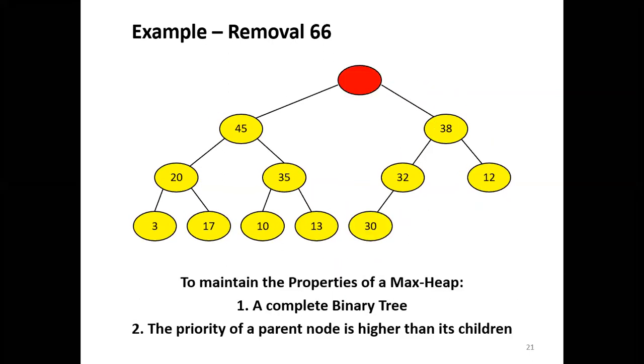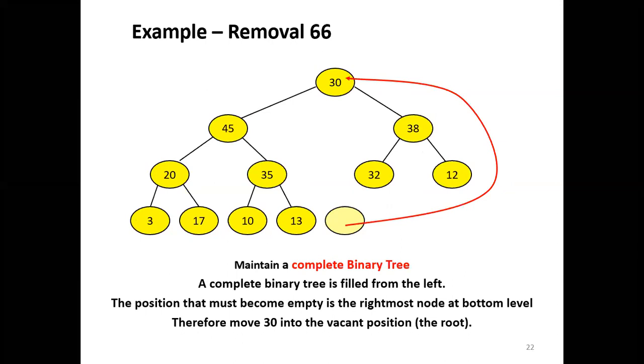The first thing we will do is to look for the node that can replace the node that we have removed. The reason we do not choose the node at the extreme left is that if we take this node at the extreme left, then this tree will not be complete anymore. But if we take the node at this point, then the tree will still be complete.